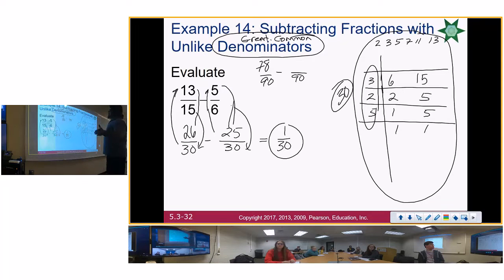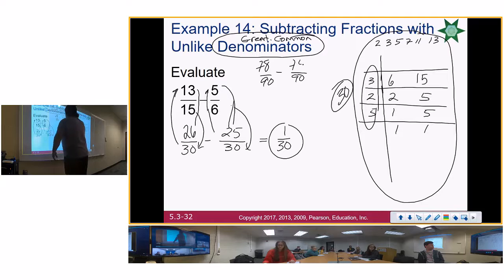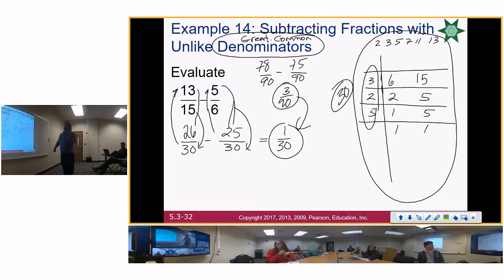Then 6 will go into 90 15 times. 15 times 5 is 75. And then that turns into 3 over 90. Well, what do you have to do to get this to look like this? You have to reduce it. You're doing a lot of extra work when you don't have to. So that's why it's important for you to learn the least common multiple.